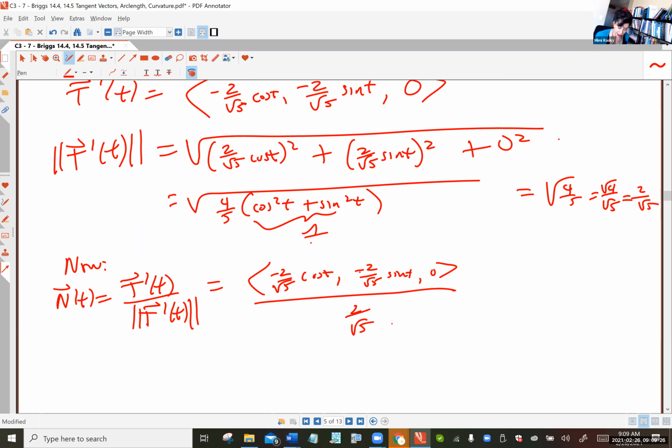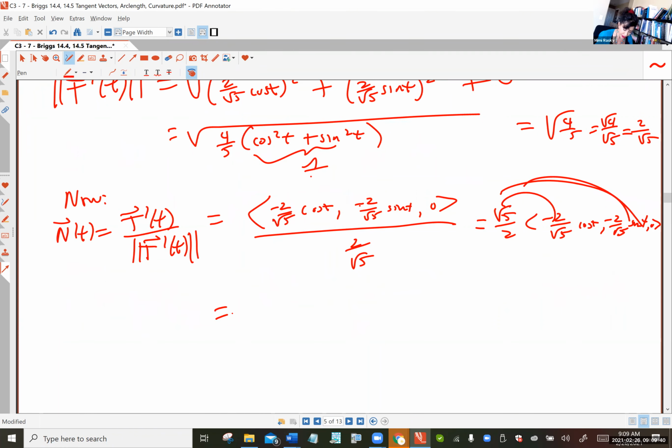Dividing by 2 over square root of 5 is the same as multiplying by the reciprocal. I'm running out of room here, aren't I? Then distribute the scalar and clean it up. After you reduce your big N, it doesn't look too bad because you simplify these components. Nice. So there's big N right there.